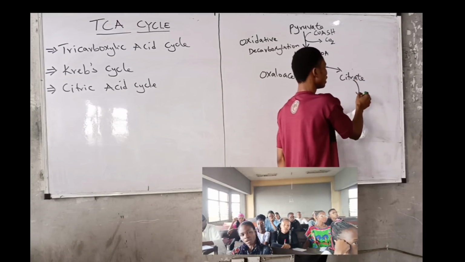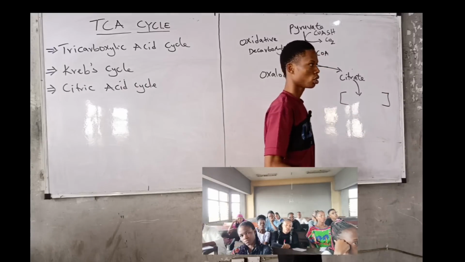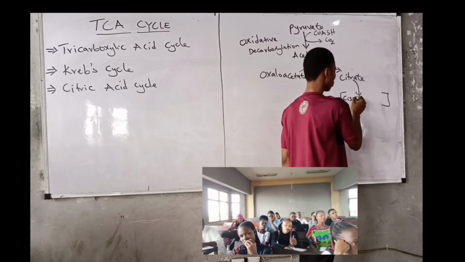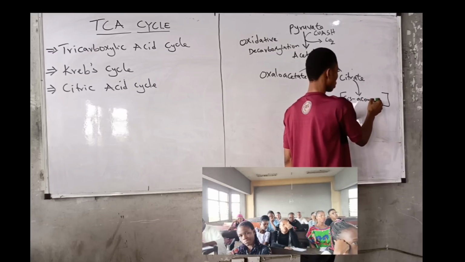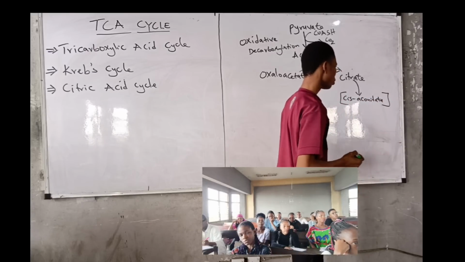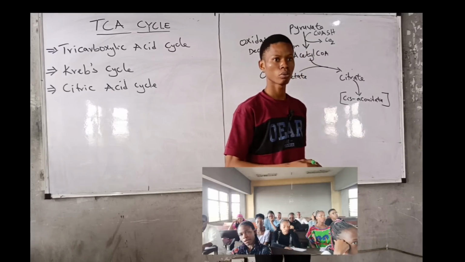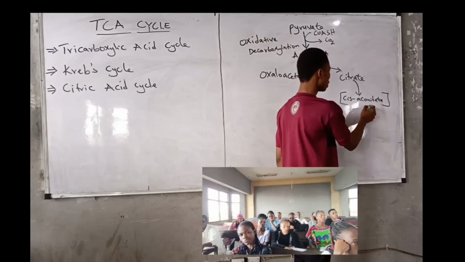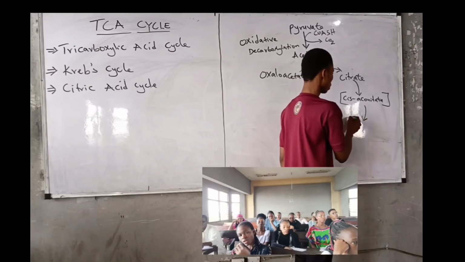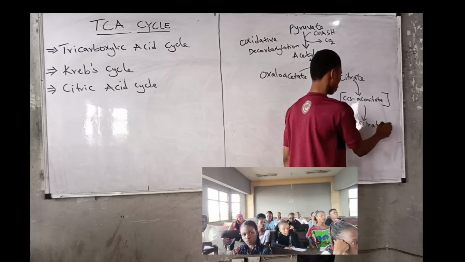From citrate, there is a very transient intermediate called cis-aconitate. Some books omit this because it's very transient, it's very unstable. Now, from cis-aconitate to what? Isocitrate.